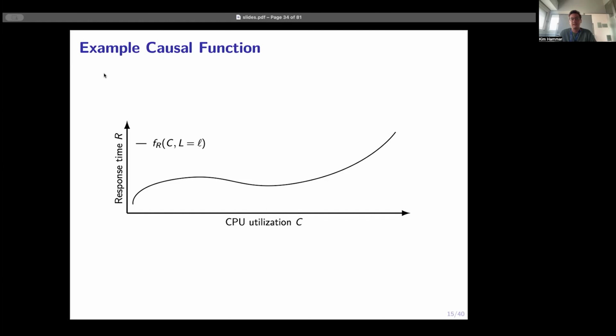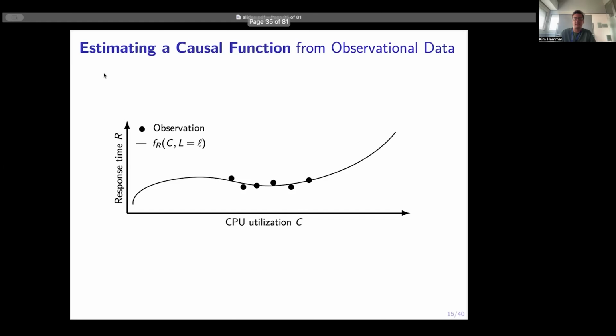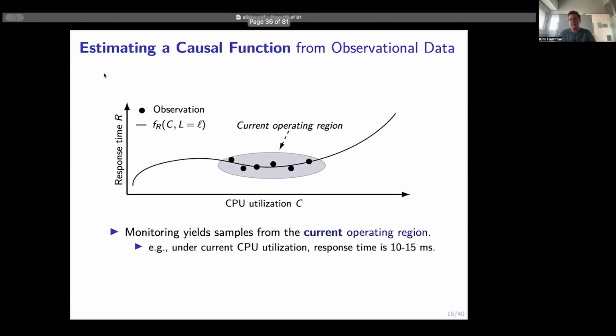We would then obtain a bunch of observations like this. And very likely, these observations are going to be confined to a small subset of the input space. And we refer to that subset as the current operating region. So in this example, the current operating region is when the CPU utilization is around 50%.